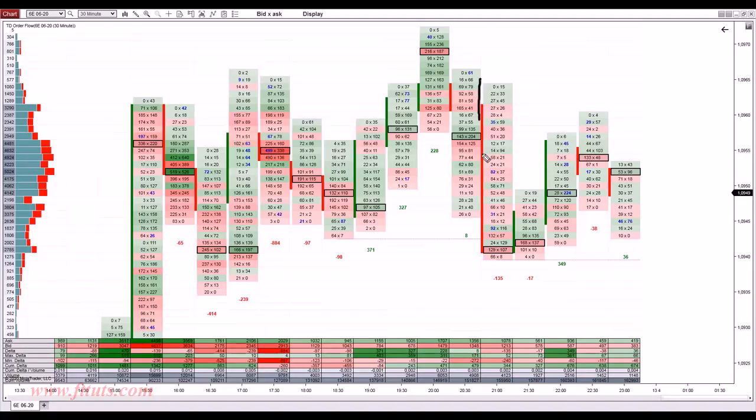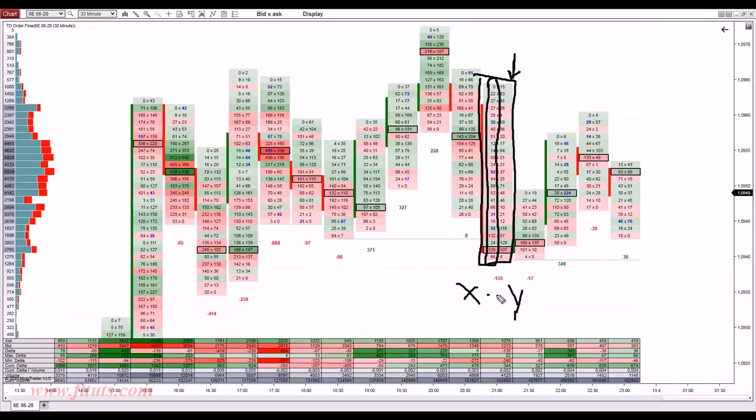So if you look, for example, in here, at this footprint, then all those numbers together will give you some number, then all those numbers on the offer side will give you a number, and the difference between those two is this number, is delta.